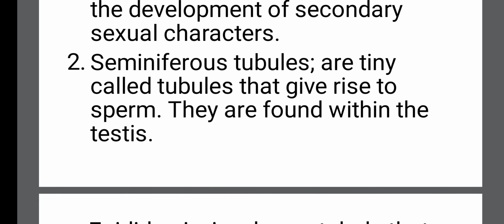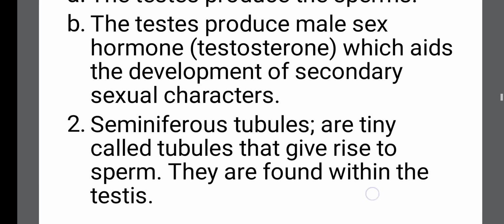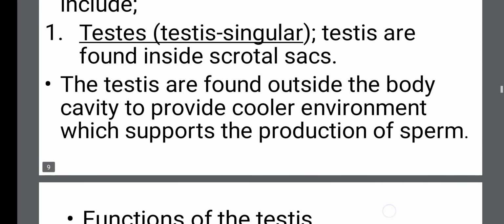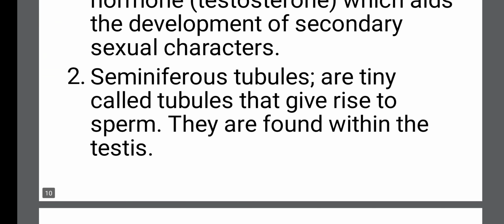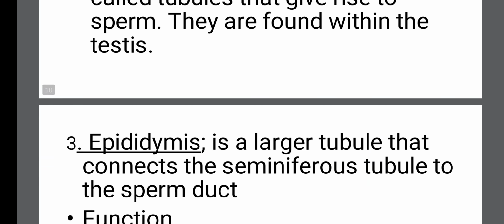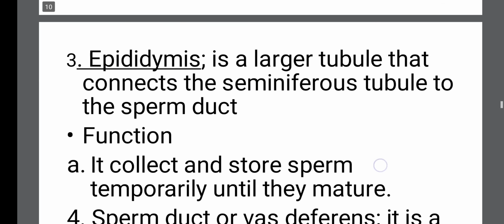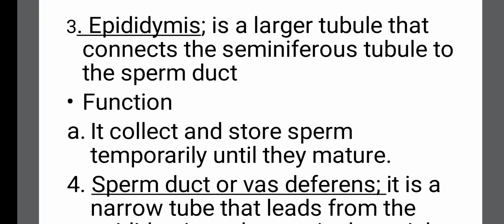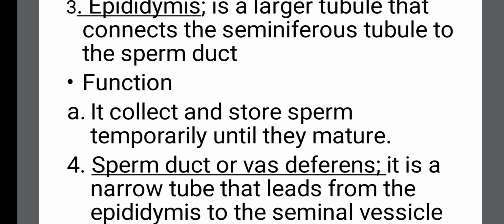The second one, seminiferous tubules, another labeling. I'm talking about the internal genitals now. Note, I've talked about testes. Seminiferous tubules are tiny coiled tubules that give rise to sperm. They're also found within the testes. Number 3, epididymis. The epididymis is a larger tubule that connects the seminiferous tubule to the sperm duct.